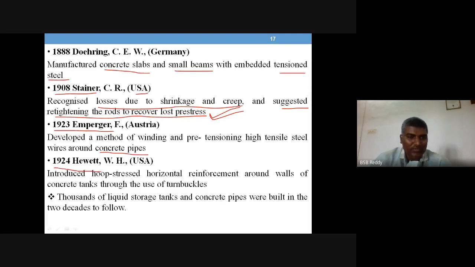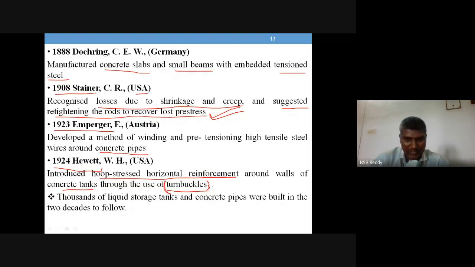In 1924, Hewitt from USA introduced hoop-stressed horizontal reinforcement around walls of concrete tanks through the use of turnbuckles. So turnbuckle is very common for us now to tighten the spokes of a bicycle wheel.